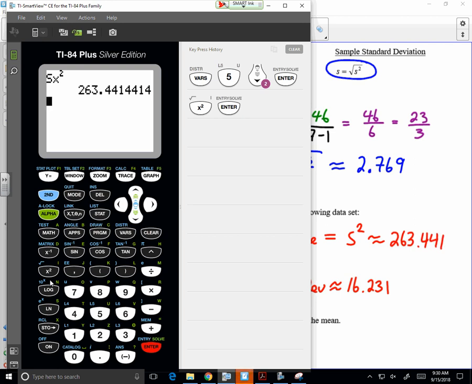It's entirely possible, I didn't fact check this, that if I take 16.231, the rounded form, square it, and then round that, I'll get the same rounded answer that I got here. Perfectly fine. But if you're thinking in terms of exactitude, then this approach is better, because what we use in a computer or in a calculator and what we write down on paper are not always the same thing.